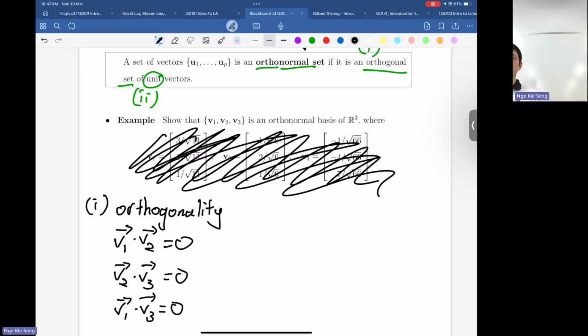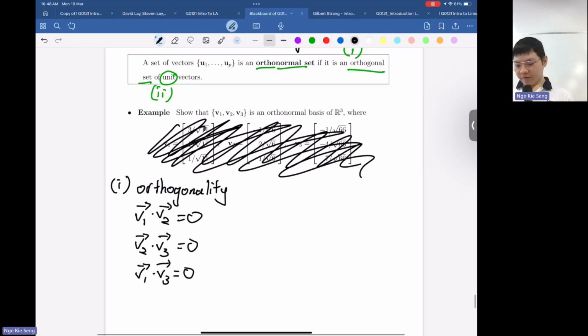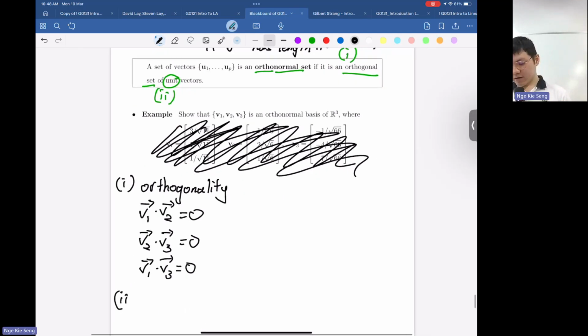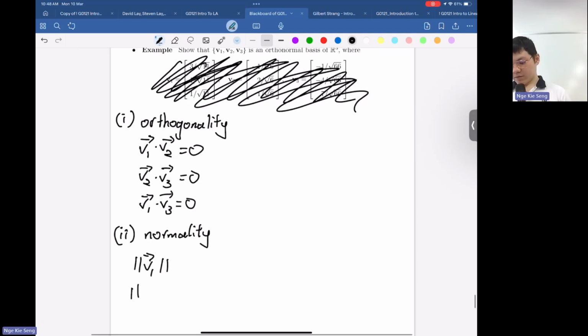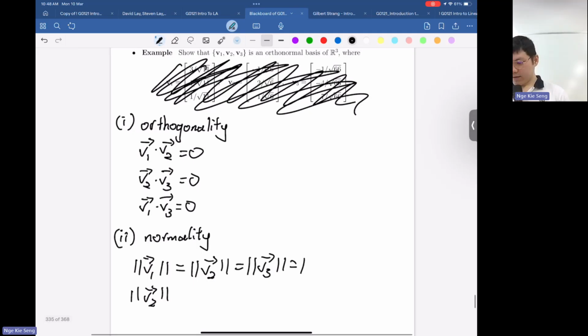Okay, and then what else? Unit vector, so you need to check whether they are unit vectors. So normality, let's call it. You need to check whether V1, V2, V3 have length 1. But this is just orthonormal, right?